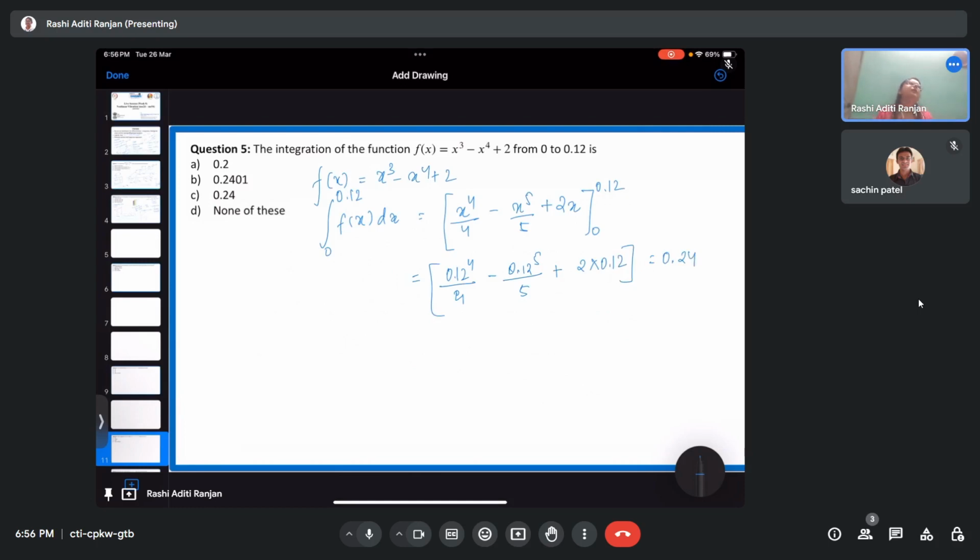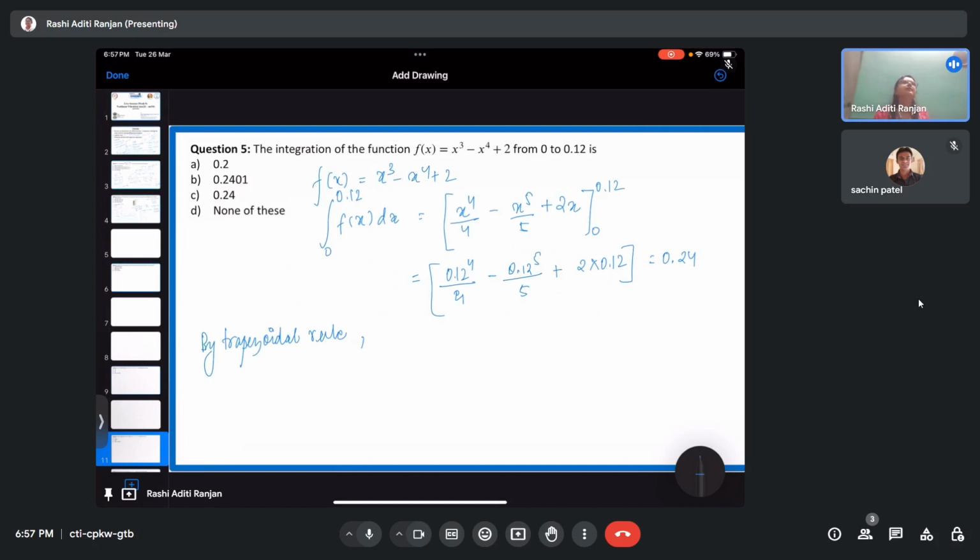So if you remember, there were 2, 3 rules: Gauss quadrature, trapezoidal rule, Simpson's 1/3, Simpson's 3/8. So I'll first try the trapezoidal rule. What do I get?